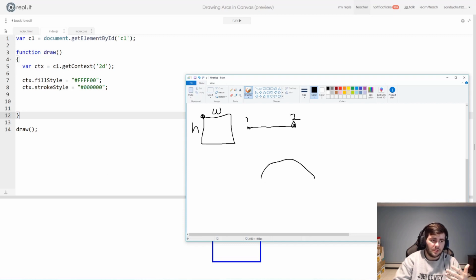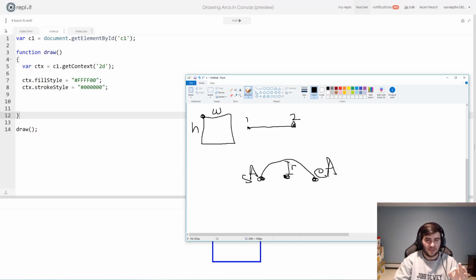And how can we determine where an arc exists on our canvas? Well, we just need the coordinates of the center of our arc. We need to know the radius of our arc, and we also need to know the start angle and end angle of our arc.